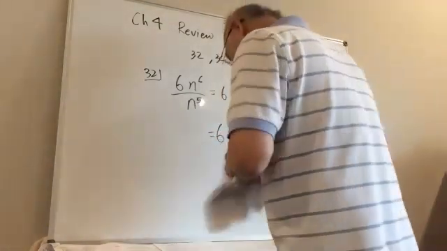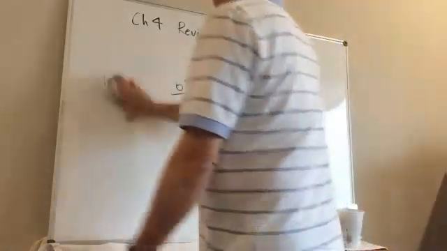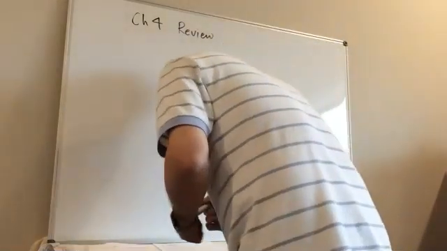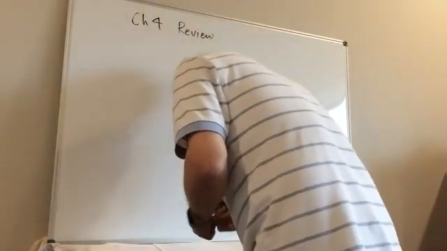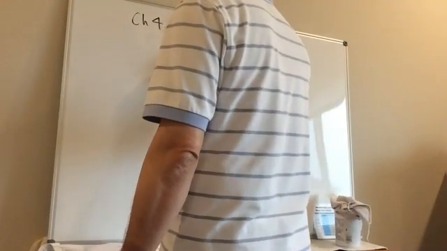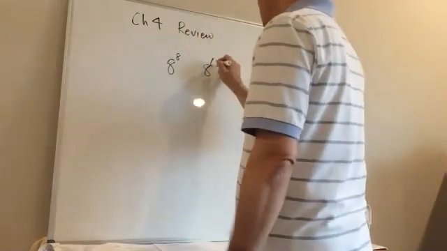Okay. Last but not least, 34. On 34, we have a situation where we copy and complete the statement. So I have 8 to the 8th on one side, and on the other side I have 8 to the 6 times 8.